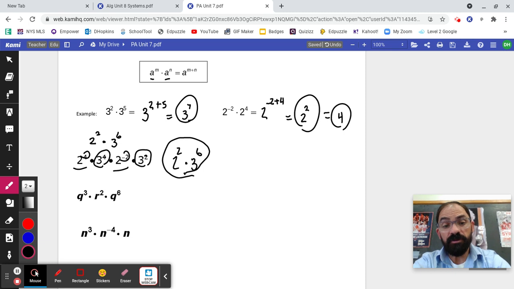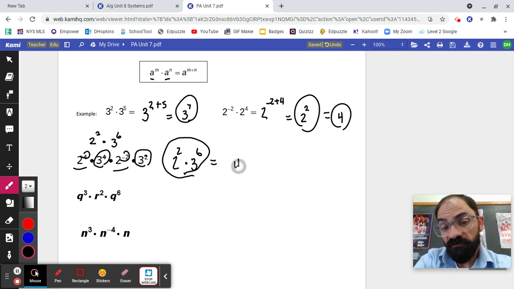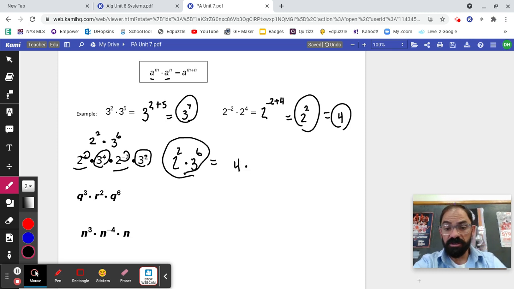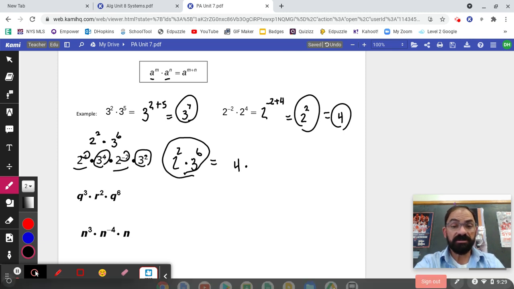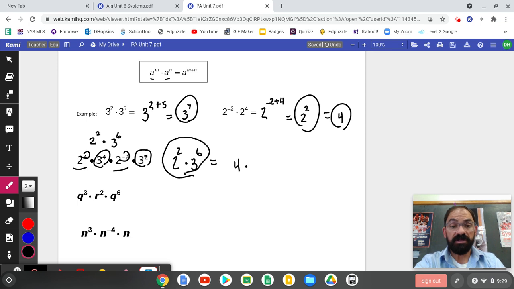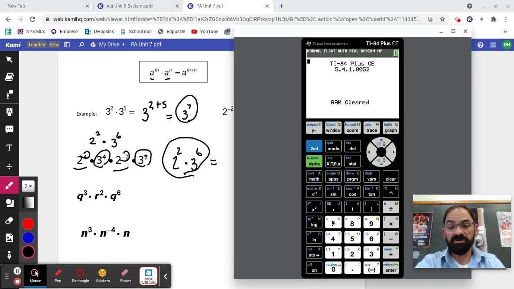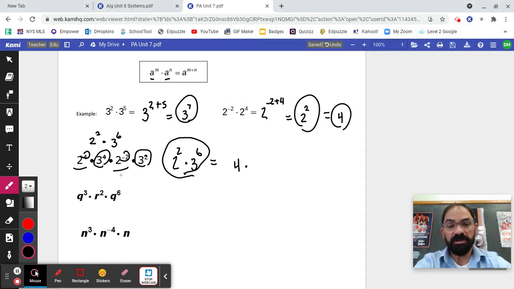Now I can evaluate these using a calculator. I know that 2 squared equals 4, but what is 3 to the 6th? 3 to the 6th is 3 times 3 times 3 times 3, 6 times. So let's see, 3 raised to the 6th is 729.